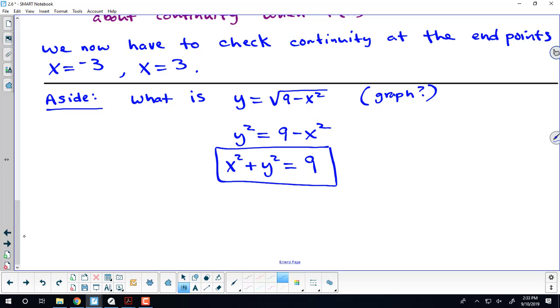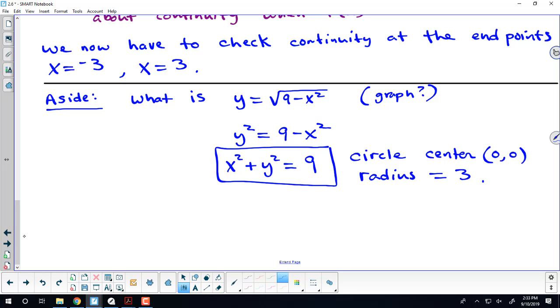Do you recognize that formula? x squared plus y squared equals 9. It's a circle centered at 0, 0 with a radius of 3.